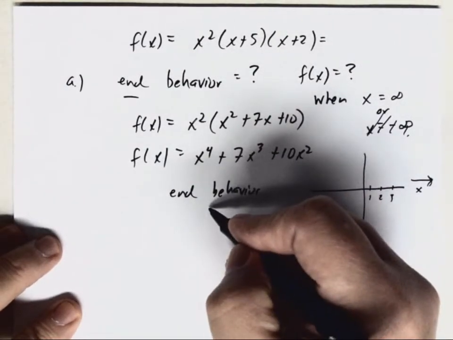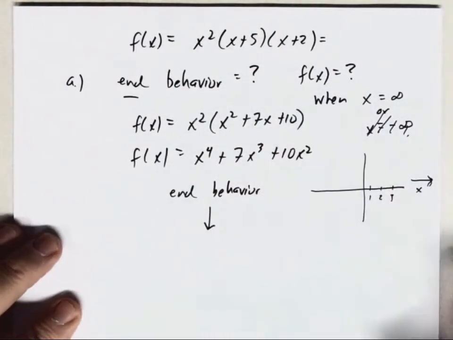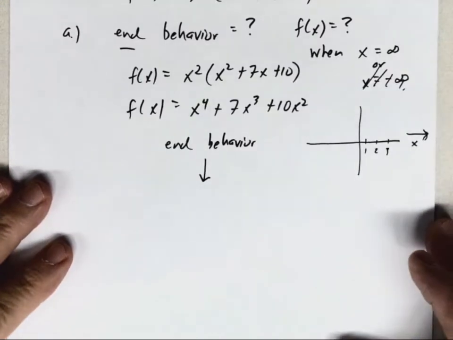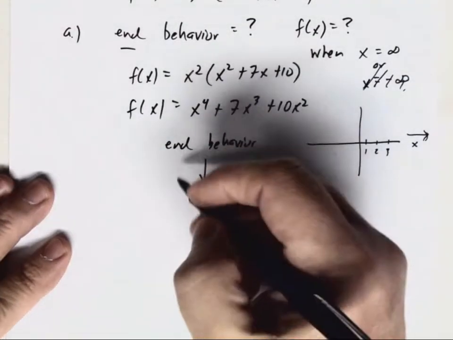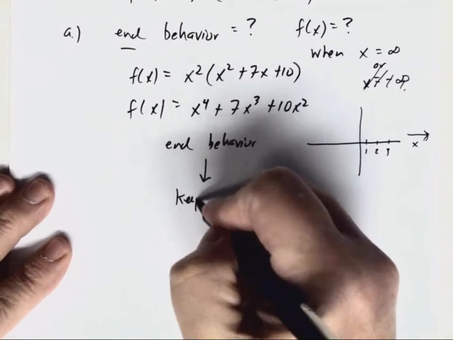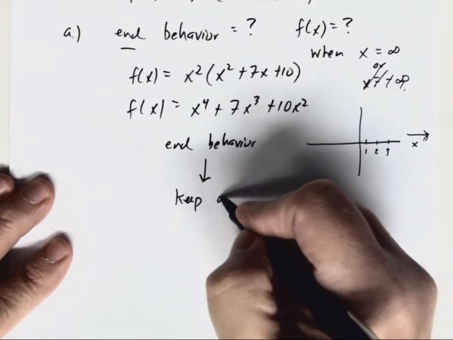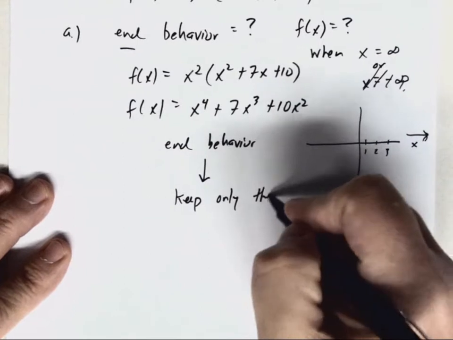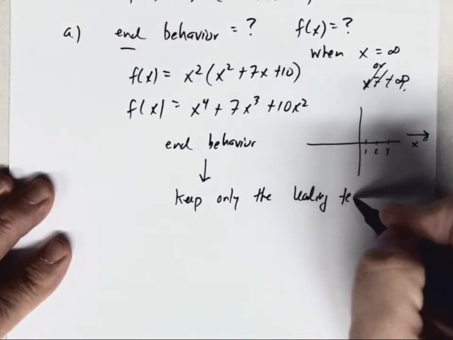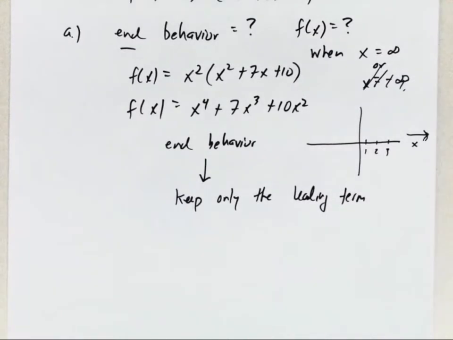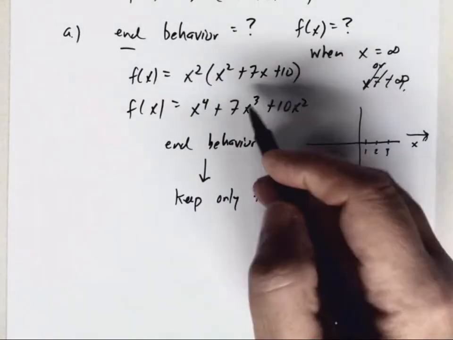When you look at end behavior, here's what we do to try and estimate an answer. I'm going to write it down and then show you. Keep only the leading term.